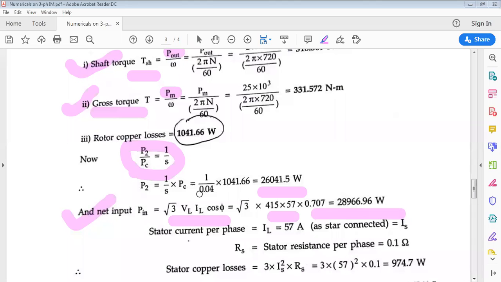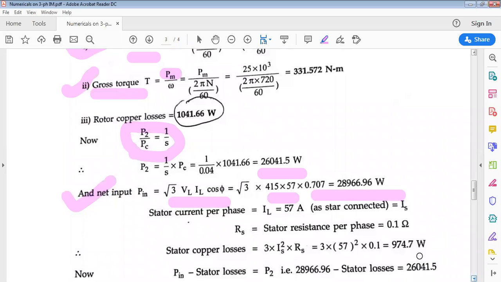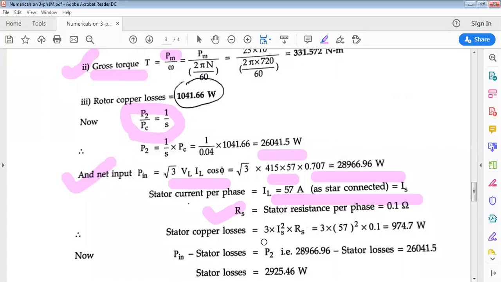P input we have calculated. Stator current per phase is given. If nothing is given, consider the stator to be star connected. For the stator, resistance per phase is given. So what will be the stator copper loss? It's a star connection. For star connection, what is the relationship between line and phase current?